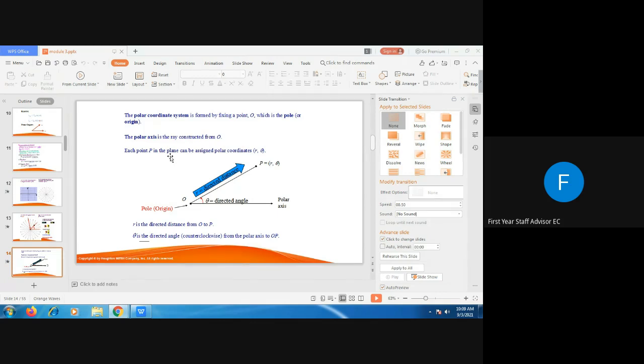And then we also represent in polar form. In polar form, vector v is equal to r at an angle phi, where r is the radius of the vector and phi is the angle from 0 degree.